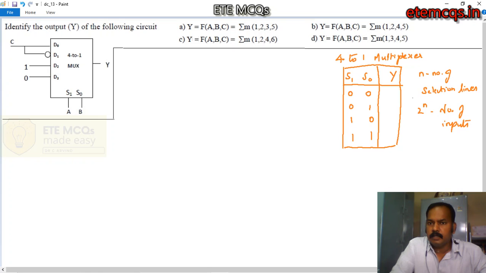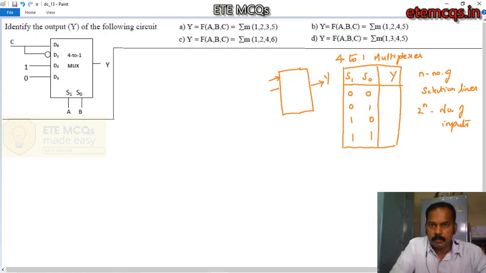Since one among the 2 power n possible combinations has to be taken to the output, you can have 4 inputs to a multiplexer, which can be roughly modeled as a basic 4 cross 1 mux of this form.